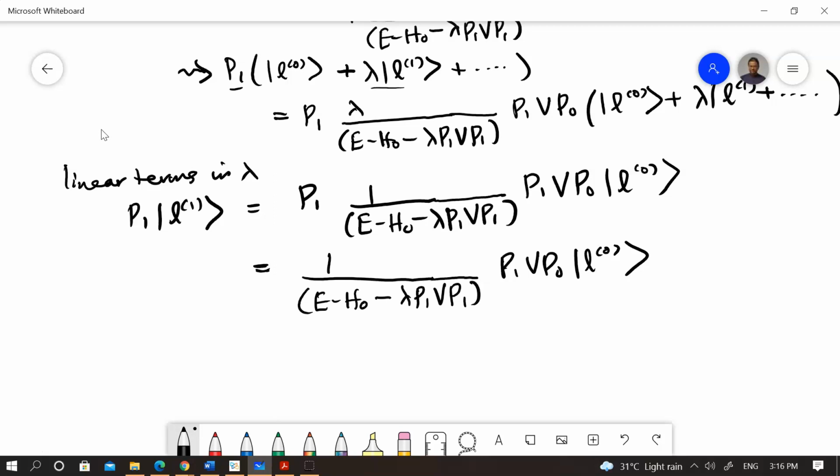And now you use the fact that psi over here, P1, is essentially the sum over k not inside your degenerate subspace of k naught, k naught. Okay? So I can now substitute that inside over here. That gives us this.